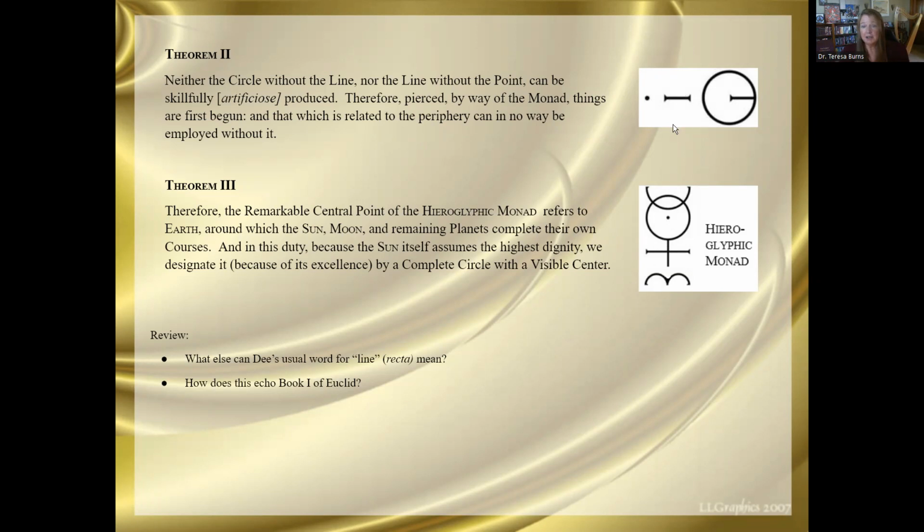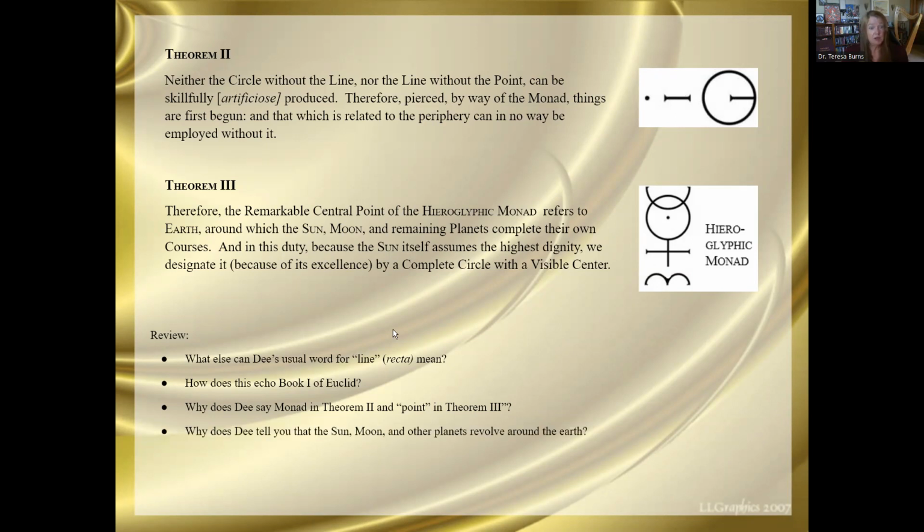We talked about how this echoes the first book of Euclid's geometry, and Dee wrote the introduction to the first English translation of Euclid, which was done by Billingsley in 1567. We talked about what he means again by a monad and why he says monad here and punctum in the next one for a point.